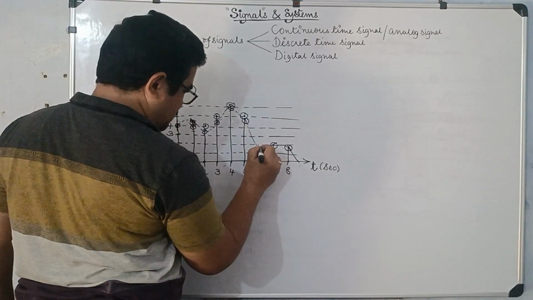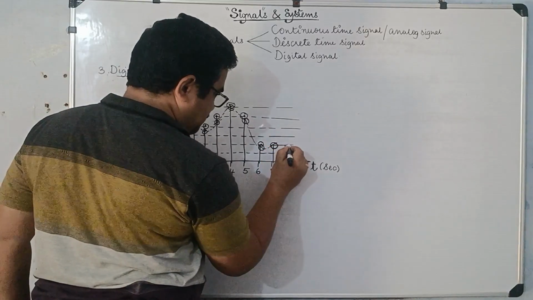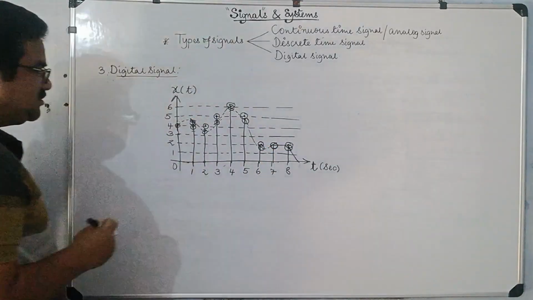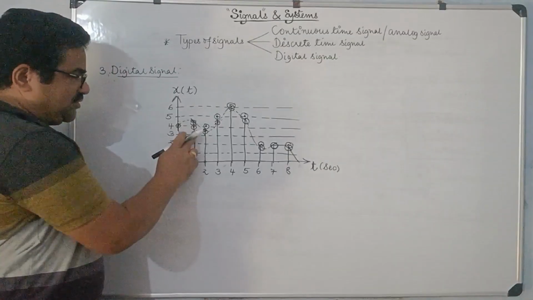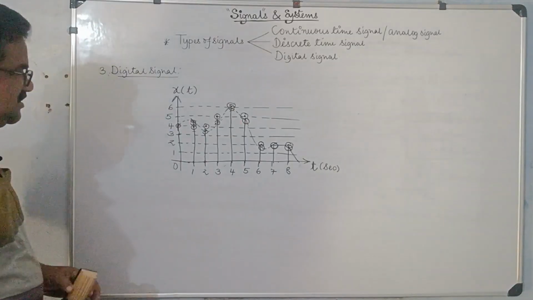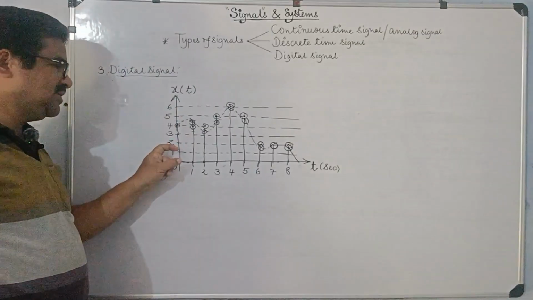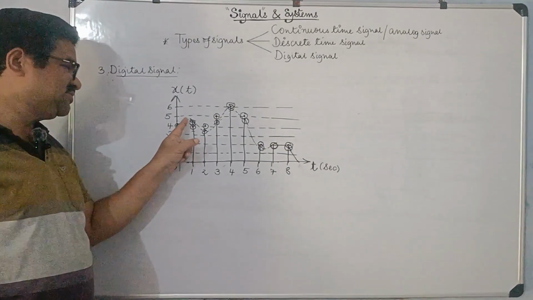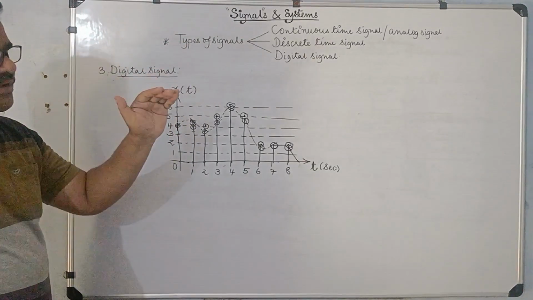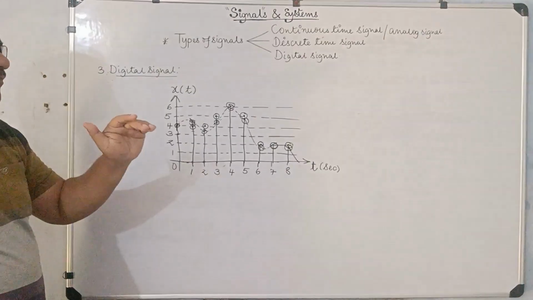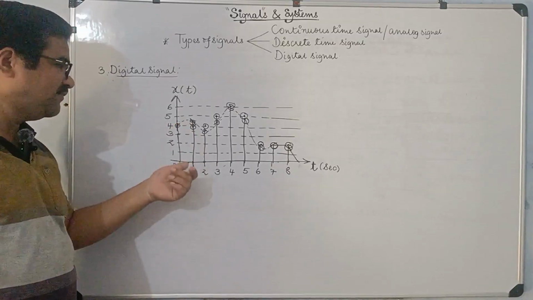Here I will take the amplitude as 2, and this is already 2. So if the amplitude is anywhere between two discrete amplitude values, I am rounding it to the nearest discrete amplitude. If it is 4.5 to 4.9, I will take it as 5. If it is between 4.1, 4.2 and so on up to 4.4, I will round it to 4.